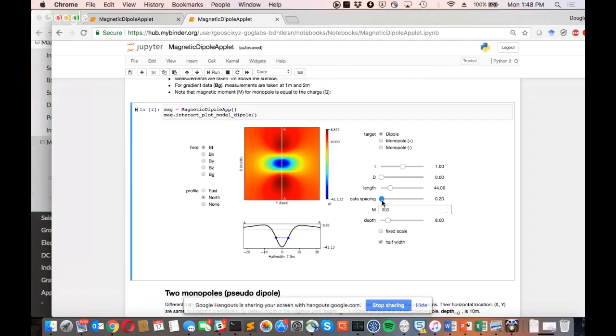You can experiment with that. If I sample every 2 meters, remember this was about 40 meters across here, it's still 20 points. And 20 times 20 is 400 data, it's a lot.